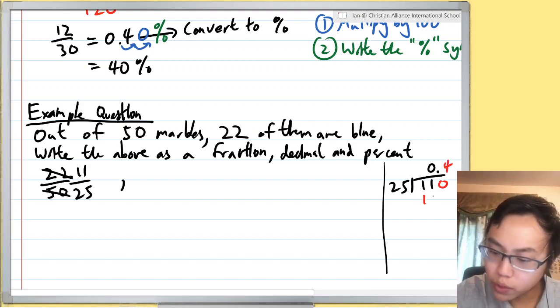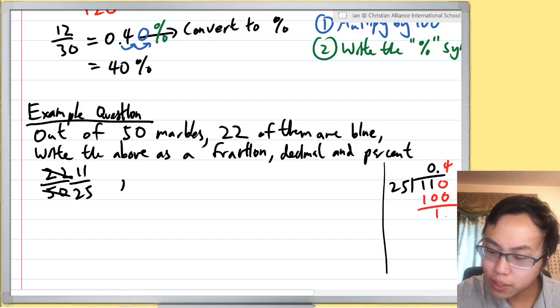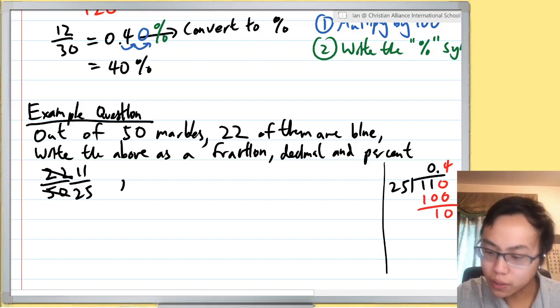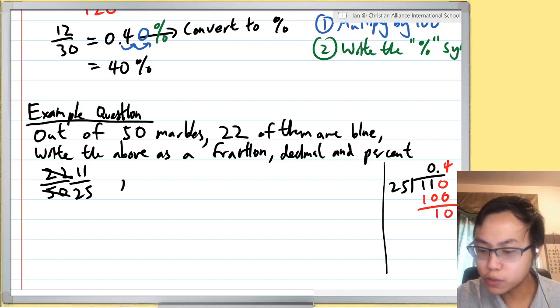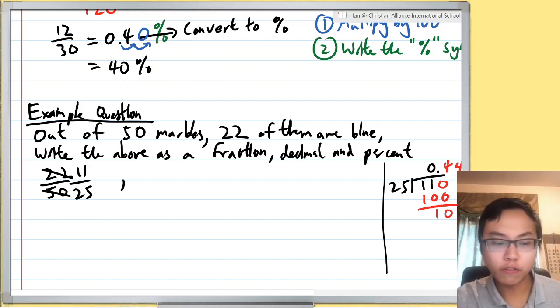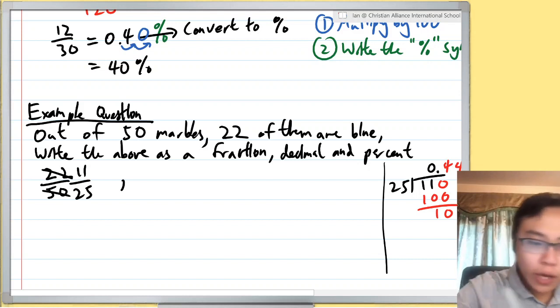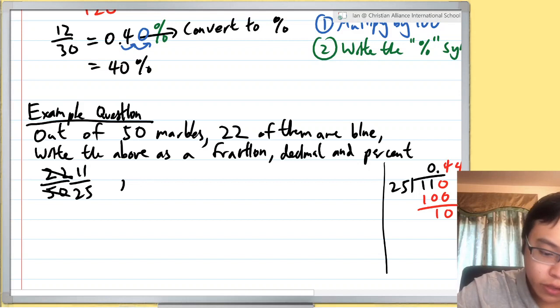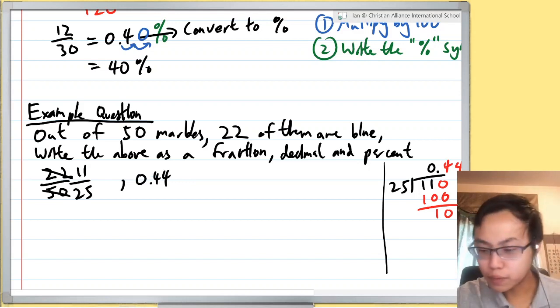That's going to be 100, and there's 10 remaining over here, and then we add a 0, 25 goes into that 100 4 times, and so it is 0.44. And so now we can write this fraction as a decimal, 0.44, perfectly.